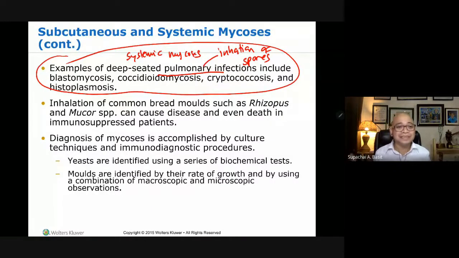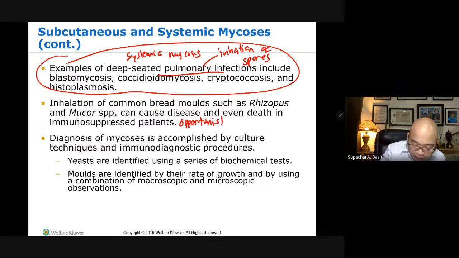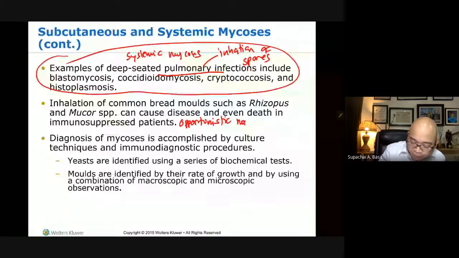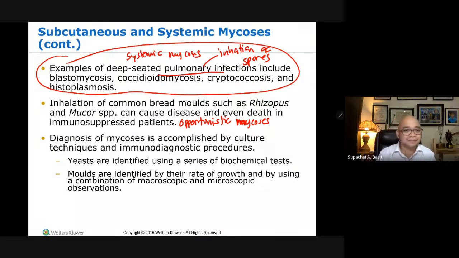However, if a person is immunocompromised and was able to inhale bread molds, that would be deadly for them. Because this bread mold could become what? An opportunistic mycosis. It could become opportunistic mycosis.